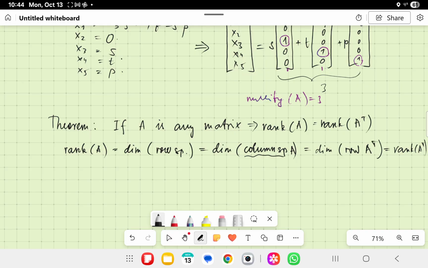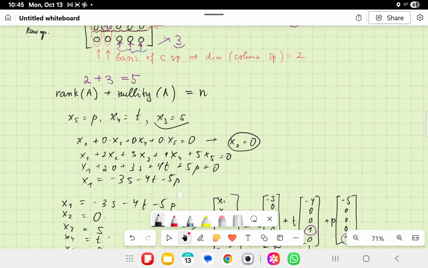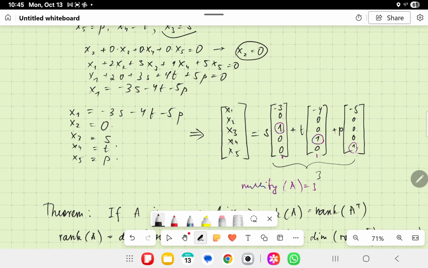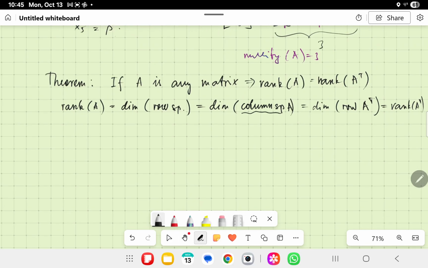What else? Because of this, guys, remember we had a nice equation that rank of A plus nullity of A equals the number of variables. For the transpose matrix, we can write the same equation: rank of A transpose plus nullity of A transpose equals the number of variables. But the number of variables is not going to be equal to n, because n is the number of columns.